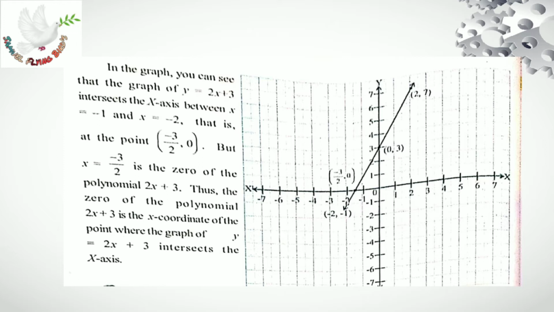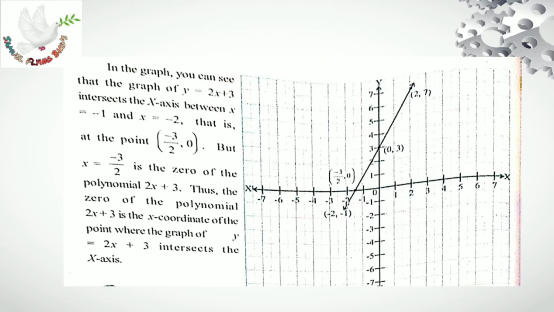In this graph, we can see that the graph of y equal to 2x plus 3 intersects the x-axis between x equal to -1 and x equal to -2. That is at the point -3/2 comma 0. At x equal to -3/2 the value of the polynomial is 0, which is the zero of the polynomial.